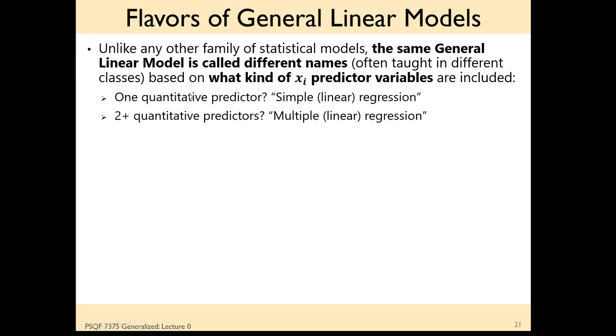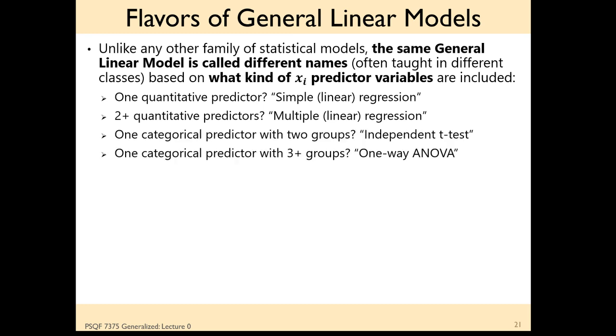So if you're predicting a continuous outcome whose residuals are supposed to be normally distributed, and you only have one quantitative predictor, that is simple, meaning not simple as in simple slope, but simple as in only one, linear regression. And the linear, by the way, is to differentiate it from other kinds of regression that we're going to learn in this class, like logistic or count or other stuff like that. If you have more than one quantitative predictor, then it switches to multiple as opposed to simple regression.